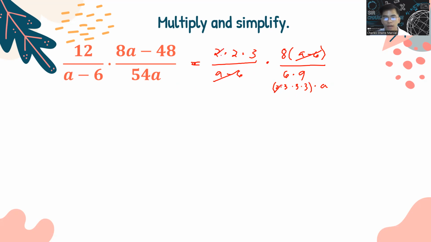Also 2, cancel. Yung 3, cancel na din. And yung natitira na lang is 2 times 8, we have 16 over 3 times 3, that is equal to 9. Okay? So 16 and 9, do they have common factors? Wala na. So ibig sabihin, ito na yung final answer nitong problem na ito.